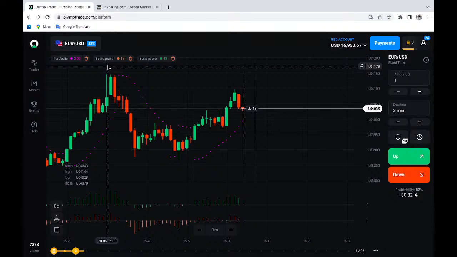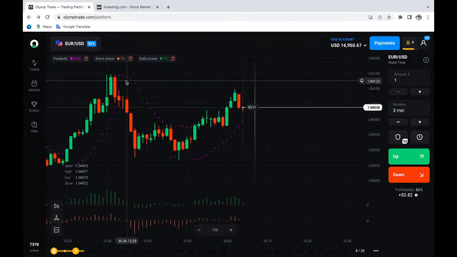Second, the parabolic SAR. Parabolic SAR is an indicator that follows the trend and determines the reversal point in the price channel. Visually, it takes the form of a series of dots that are either above or below the price chart. Here you can see these are the dots of the parabolic SAR.